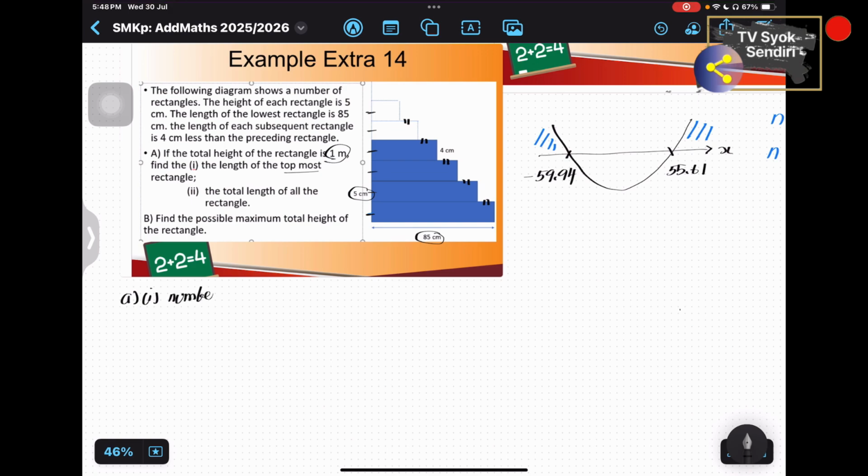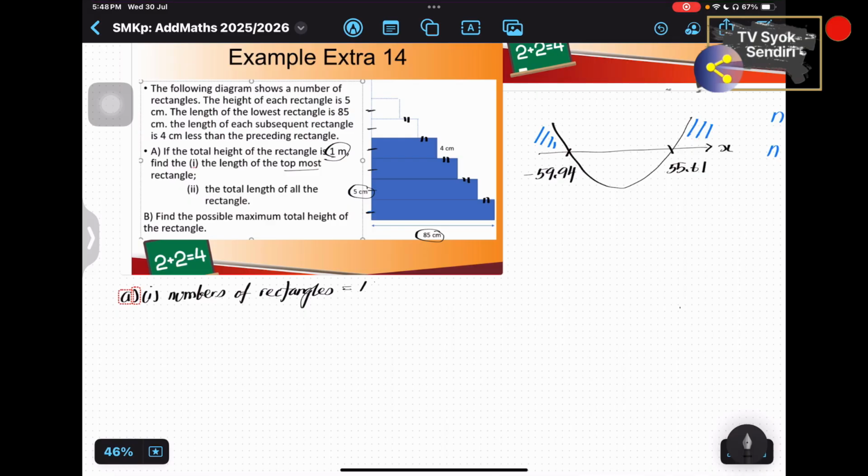How to calculate? 1 meter is 100 centimeter divided by 5 centimeter. So we know we have 20 rectangles.